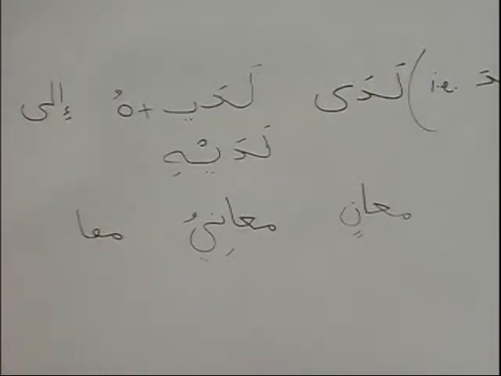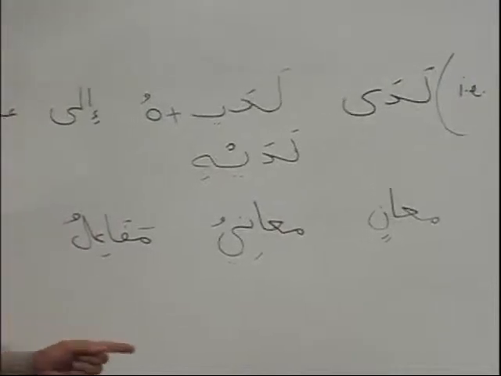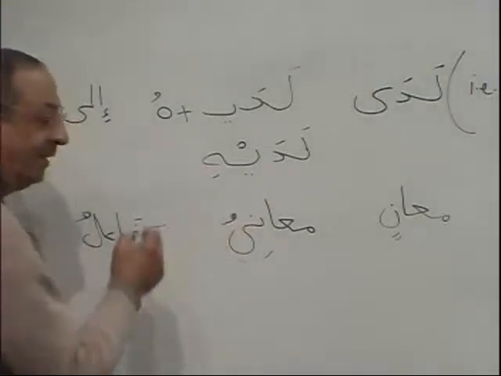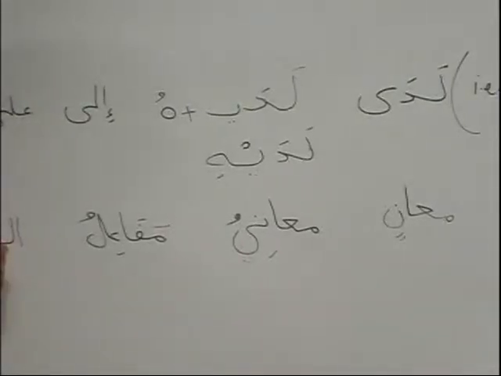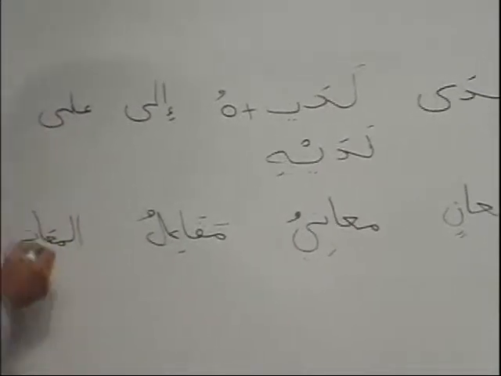Mashallah, mashallah. Mafa'ilu, mashallah. See, mafa'ilu. Mafa'ilu, mafa'ila, mafa'ila. Are you with me? That is why it will have a single dhamma. But we don't see single dhamma. But it is there. What you will see is ma'ani like this.